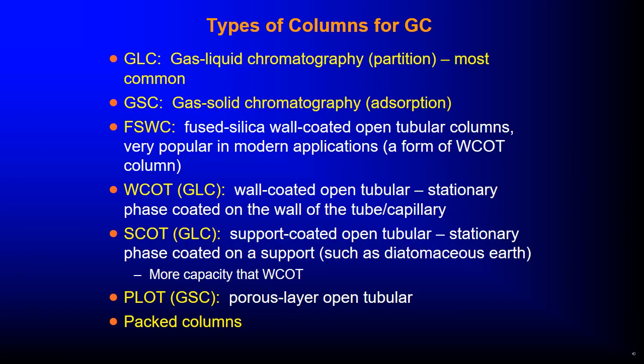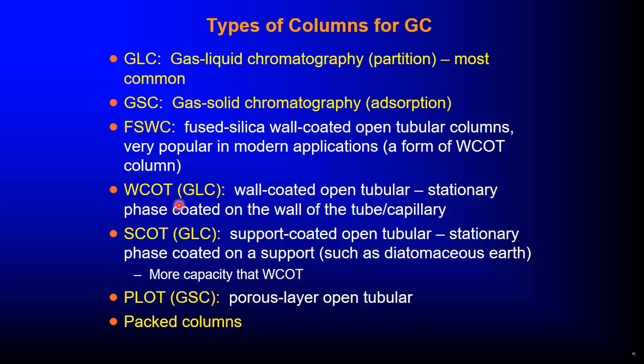Then we have types of columns for gas chromatography. We have generally gas liquid chromatography, most common. Then we have gas solid chromatography for adsorption. Then we have fused silica wall coated open tubular columns, very popular in modern applications.